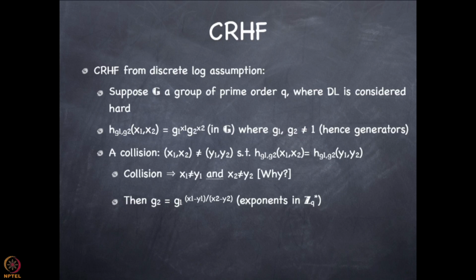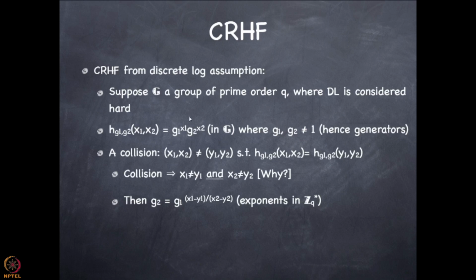It is basically multiplying by the multiplicative inverse of x2 minus y2, and x2 minus y2 has a multiplicative inverse because x2 is not equal to y2. Then I have the expression g2 equals g1 to the power of something I can compute: y1 minus x1 divided by x2 minus y2, everything modulo q.